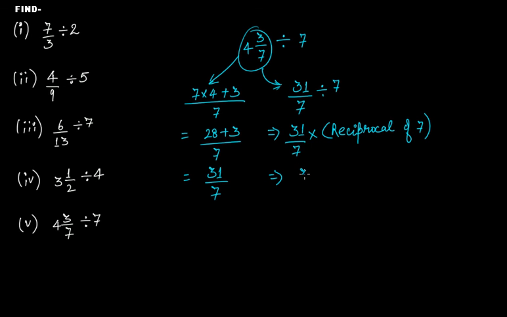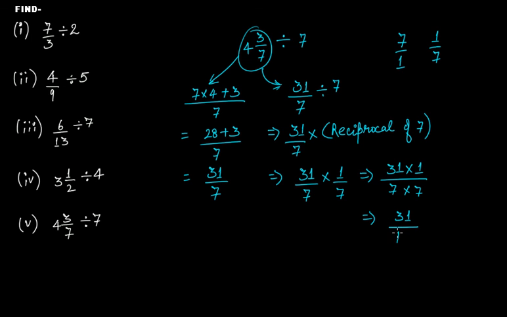If you solve it, 7 can be written as 7 over 1, so the reciprocal of this will be 1 over 7. This will become 31 over 49.